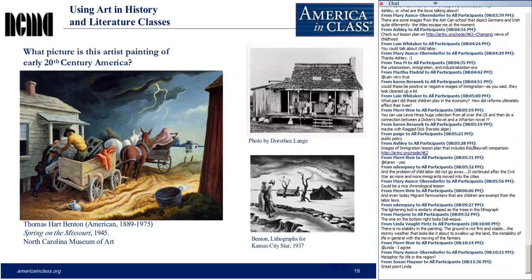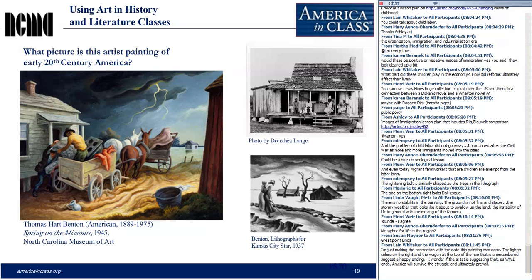The luridness of the color, slightly acid, very edgy color. It's not realistic color. It is color. It's an emotional color. It's intended to heighten the drama of the scene, and the whole thing is highly dramatic. It's not melodramatic.